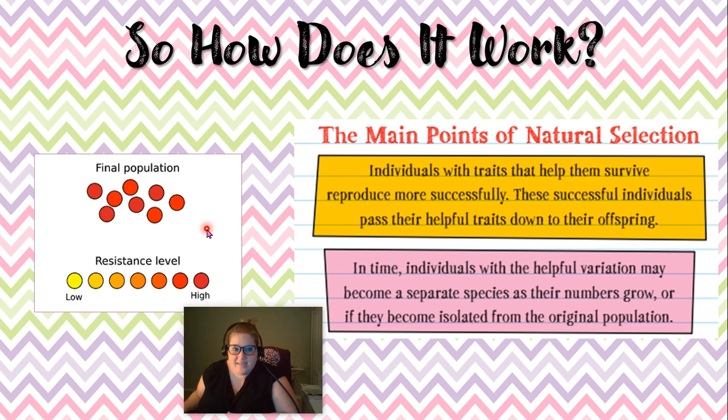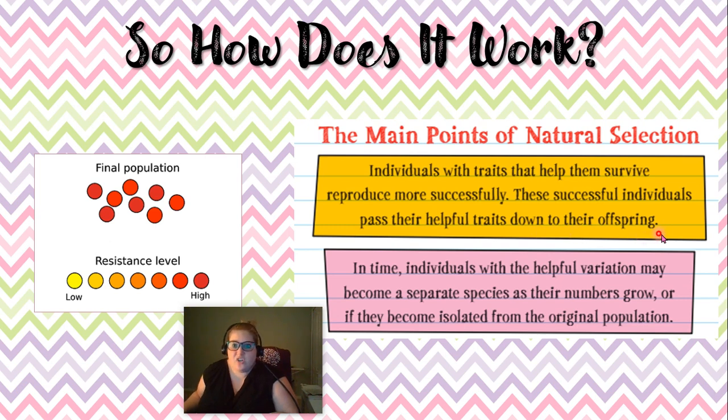These red bacteria are better suited, better adapted to resist the antibiotics because they have this trait that is helping them survive. They're able to reproduce and pass this trait on to their offspring. So these successful individuals pass their helpful traits down to their offspring.